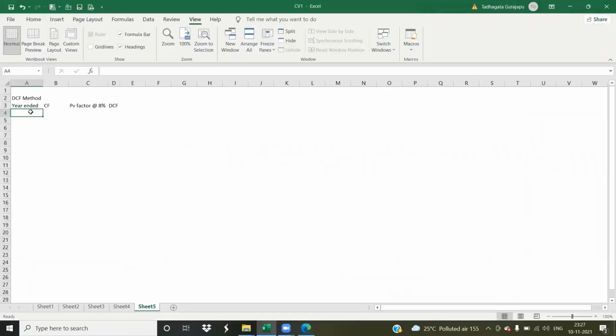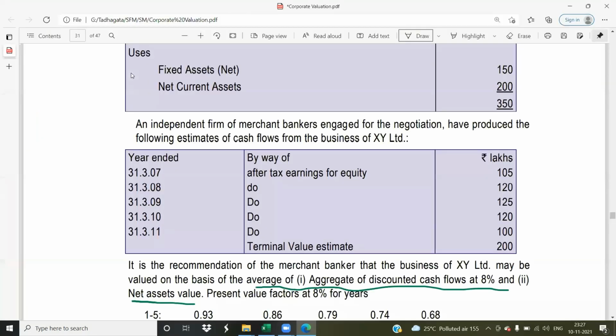Seven to 11, right? 2011. Okay. So what are the cash flows?